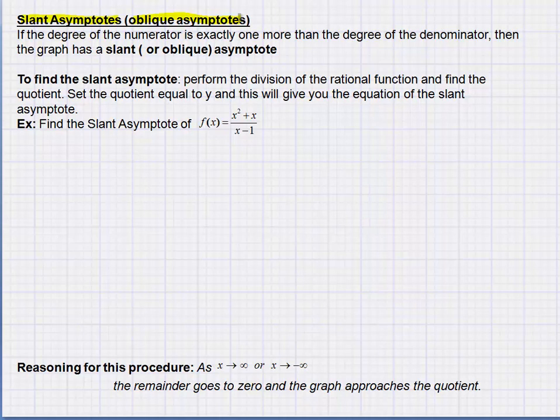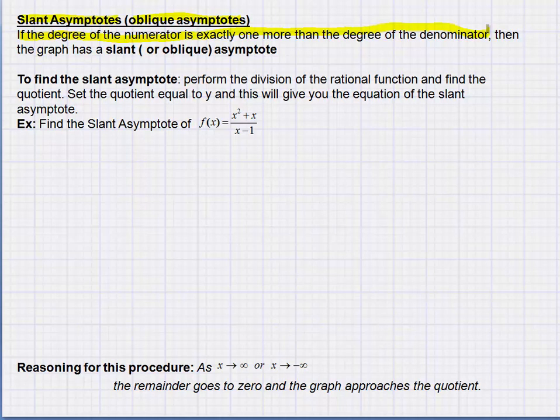Now, the only time that you'll have a slant asymptote is if the degree of the numerator is exactly 1 more than the degree of the denominator. If the degree of the numerator is 2 more or 3 more or 4 more, it's not going to be a slant. The slant asymptote will only occur if the degree of the numerator is exactly 1 degree bigger than the degree of the denominator.